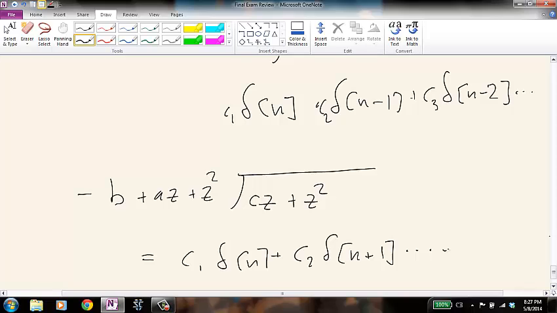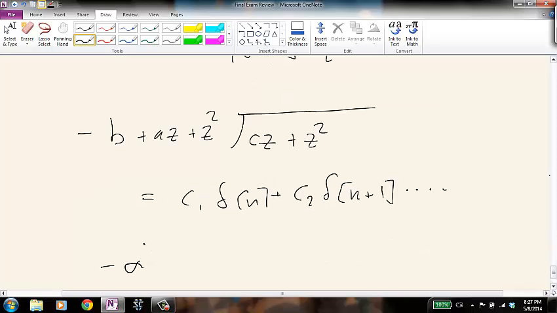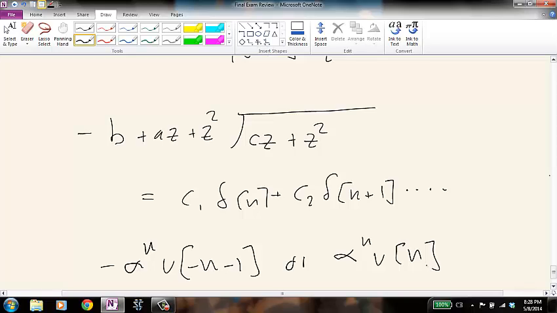It's like when we did the partial fractions: if it was non-causal, it has one inverse transform, and if it was causal, it has the other inverse transform. I think it's like minus alpha to the n, you have minus n minus 1, or... And you have to pick one based on whether it's causal or not. So when we do the transform and we determine the region of convergence, the region of convergence always has to go along with the transform.